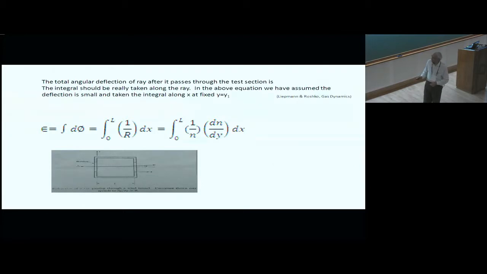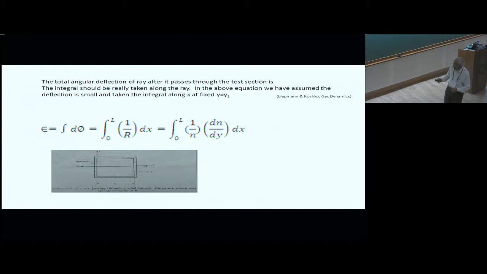And essentially what happens is you have a ray of light passing through the test section which has these refractive index gradients, and because of refraction, it deviates from its original path. And one important thing to remember about this deviation is that it's an integrated effect over the entire test section. So both Shadowgraph and Schlieren techniques give you an integrated effect of what is happening along the path which the ray follows.